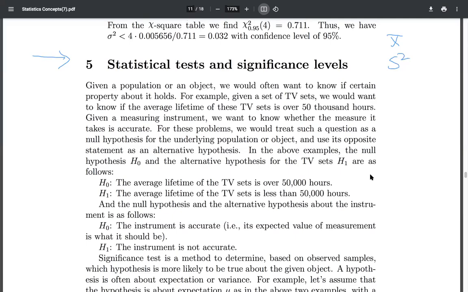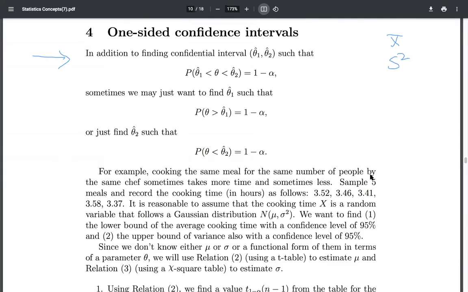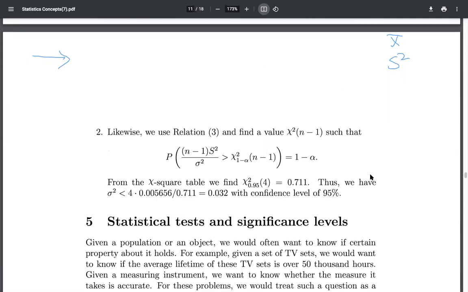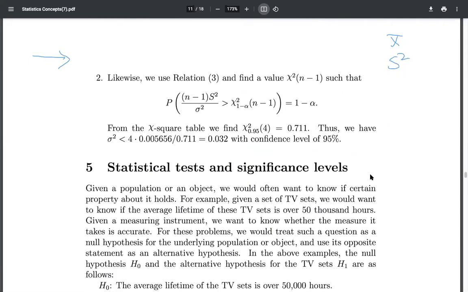So when n is large enough, let me write it down here instead of going back: z is a random variable, the average sample minus mu over sigma over square root of n. This goes to the normal distribution.